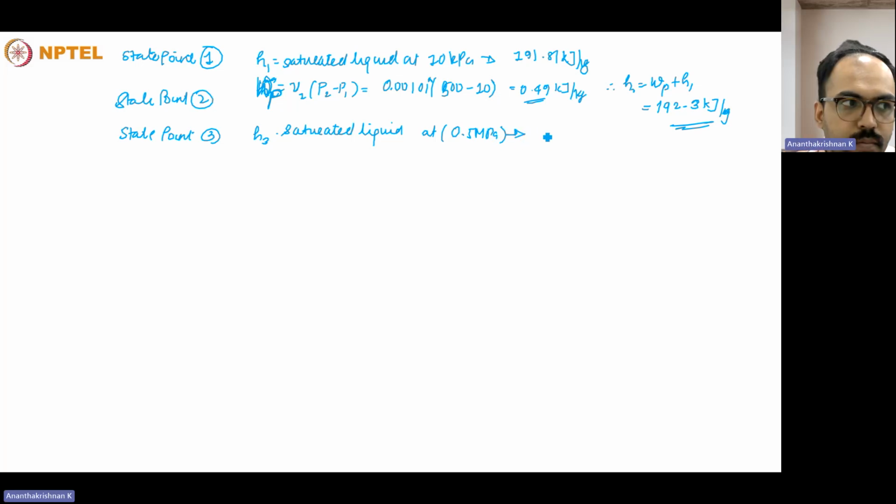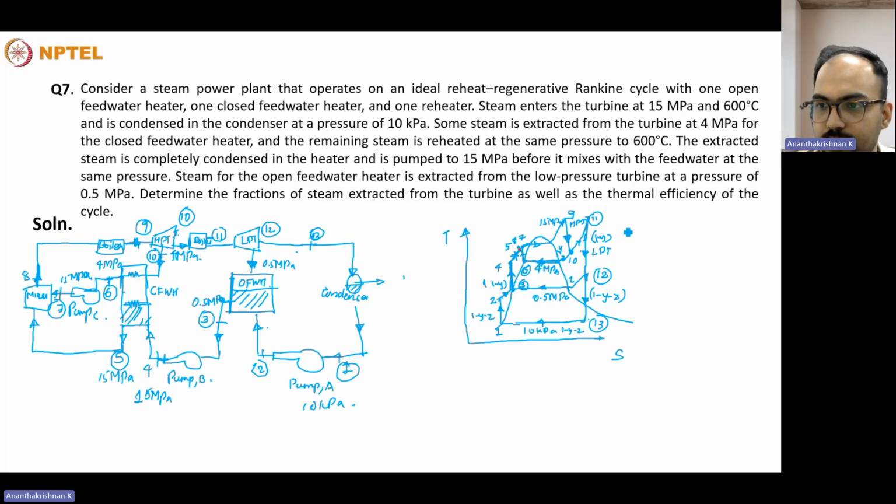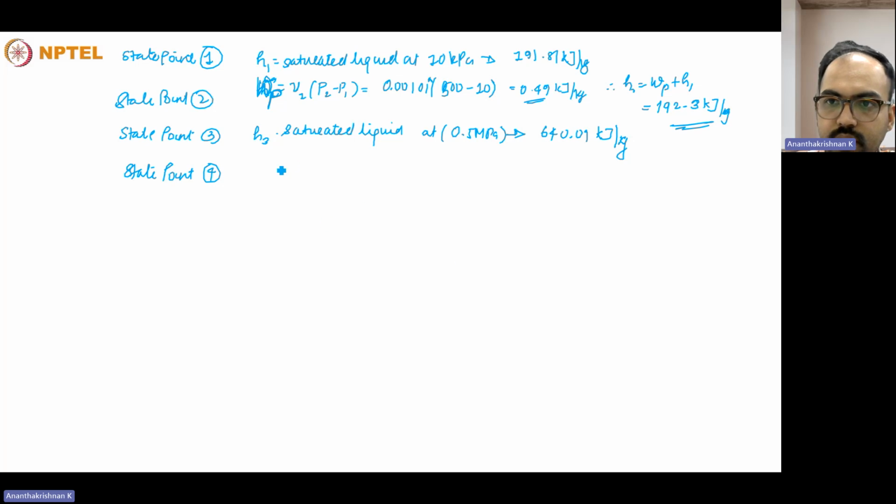So that enthalpy will be equal to 640.09 kilojoule per kilogram. And state point 4 will be the high pressure pump, the intermediate pump. So that will be giving work done.